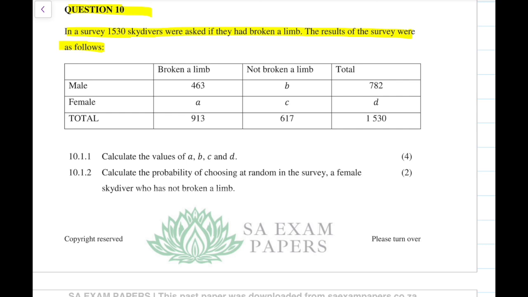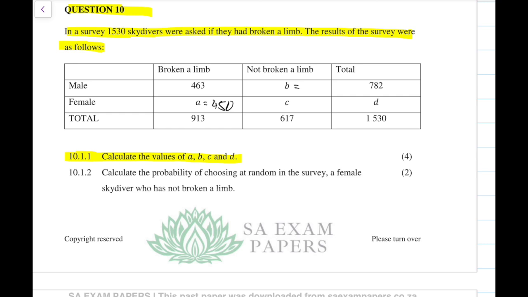So 2.1.1. Calculate the values of A, B, C, and D. Easy stuff here. This plus something must give me 913, so we just need to subtract, and that's going to be 450. Then 463 plus B must give us 782, so B will have to be 319.